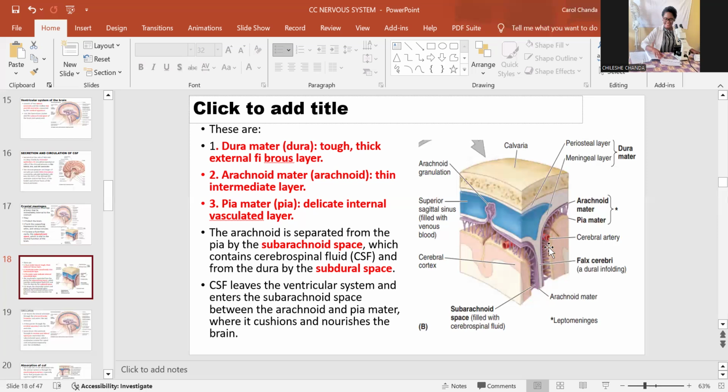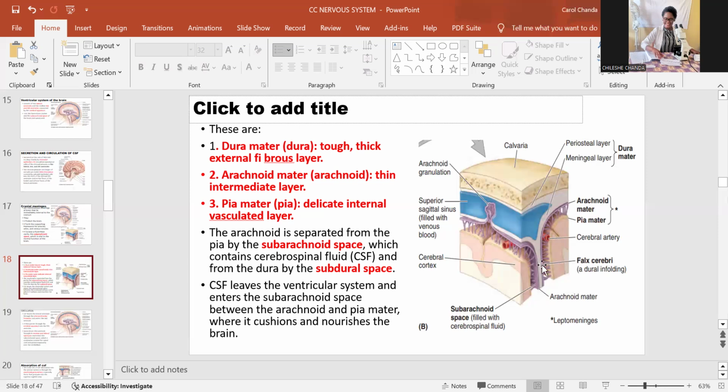So the space between the pia mater and the arachnoid mater is what is going to be known as the subarachnoid space. Okay, now in this subarachnoid space, that is where you're going to find the CSF flowing, cerebrospinal fluid.